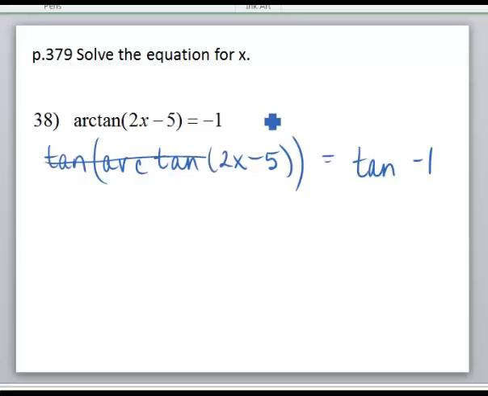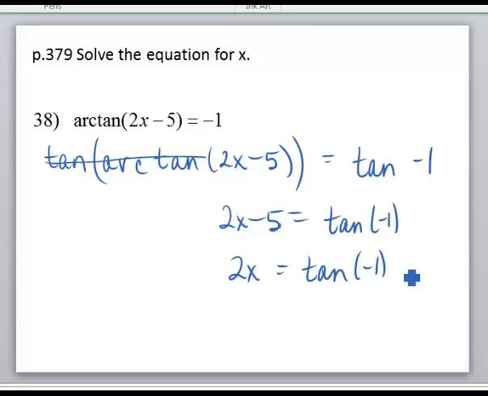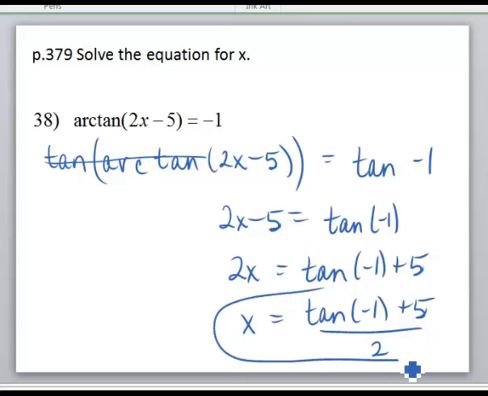That makes these cross out, and so I get 2x minus 5 equals tangent of negative 1. Then it's just a simple equation where we add 5 to both sides and divide by 2. And I'll leave it in this form.